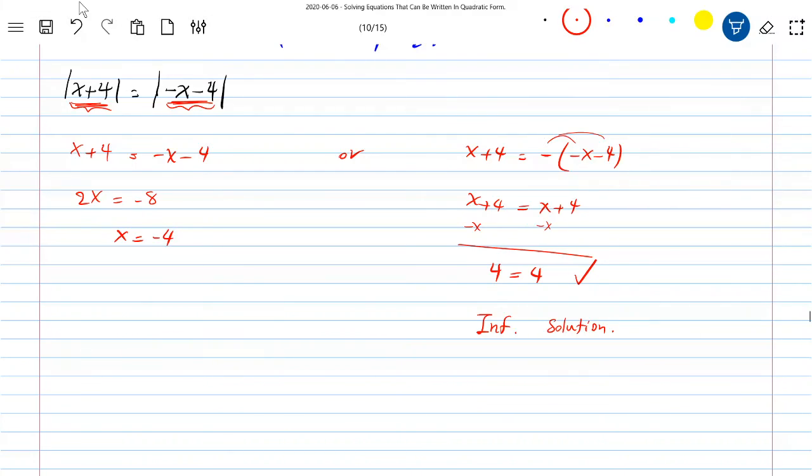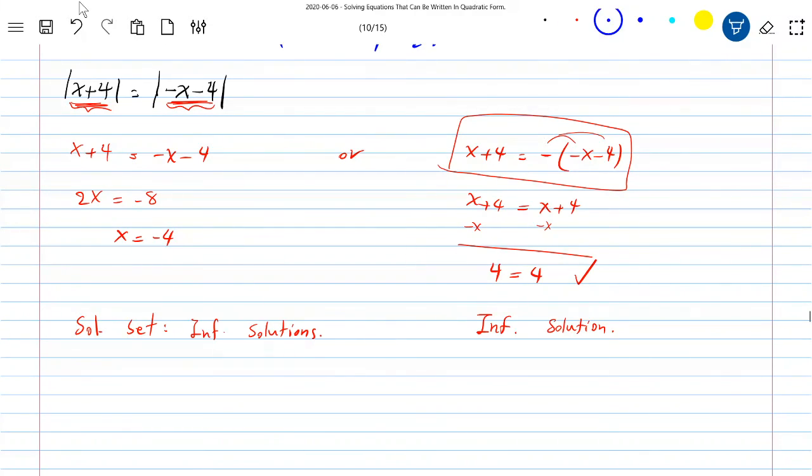If they're opposite in sign, then they will have infinite solutions. Let me show you an example. By the way, in this case, what is the solution set? There are infinite of them. Infinite solutions. Not infinity, there are infinite solutions.